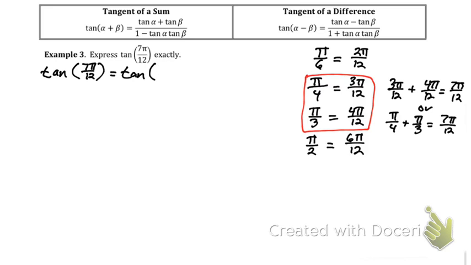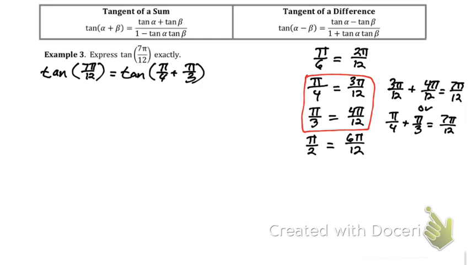I wanted to use the other versions. I want to use the pi over 4 plus the pi over 3. It just makes our life a lot easier if we don't go down the other rabbit hole. I didn't do anything. It's all algebra. That is algebra, breaking apart a fraction. If I have 4, I can rewrite it as 2 plus 2 or 1 plus 3. That's all we're doing, is rewriting this.